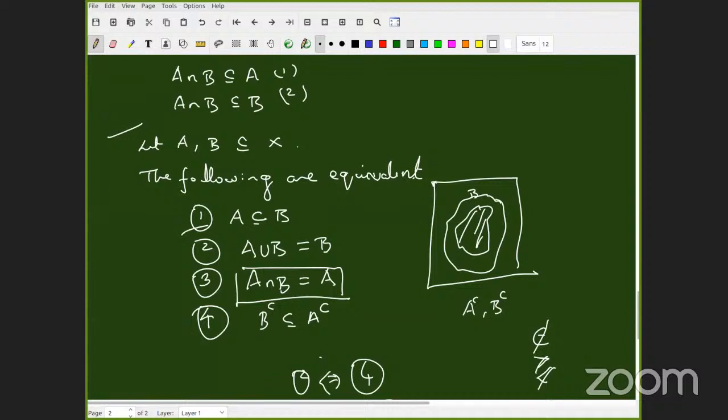I'll ask someone from, say, R2. Anusia. Sir, start saying the proof. Let x belong to B complement. We have to now prove x does not belong to A. We start the proof with contradiction.